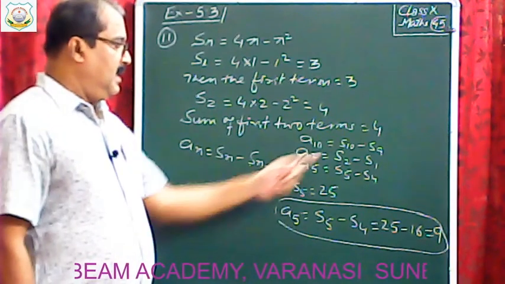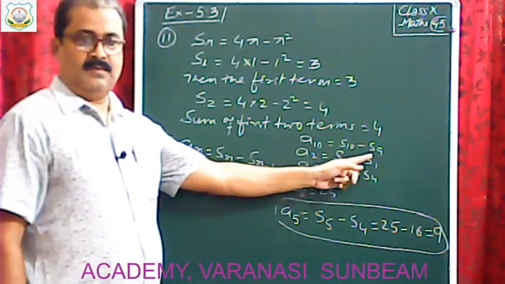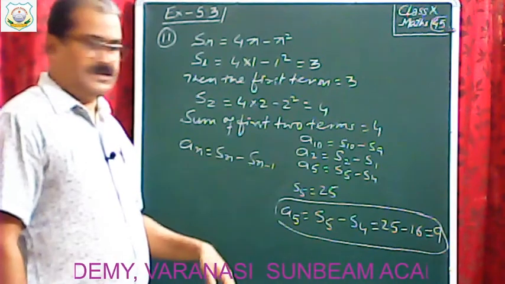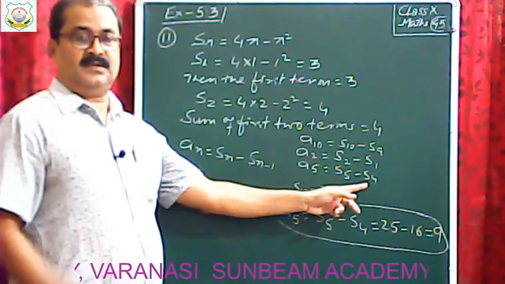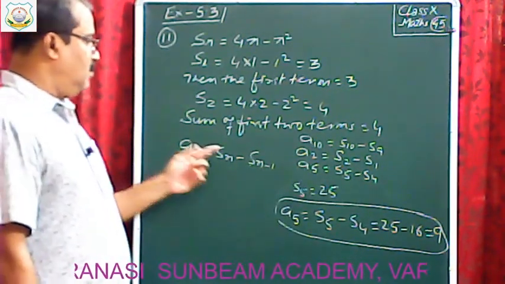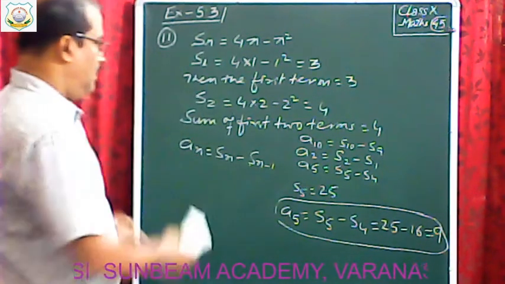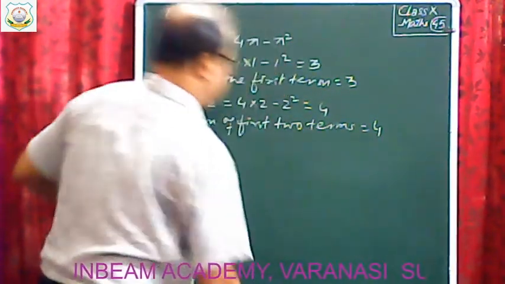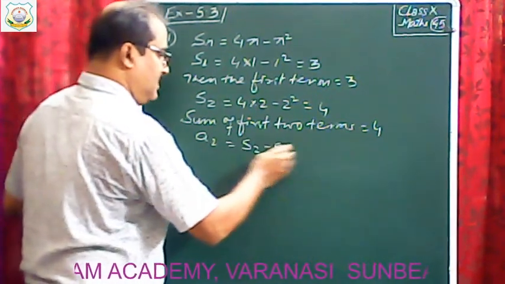Likewise, the sum of first 10 terms minus the sum of first 9 terms, we get 18. Similarly, A5 equals the sum of first 5 terms minus the sum of first 4 terms. Similarly, An equals Sn minus Sn minus 1. So generalize and follow the same process. You have to find the second term A2, that is equal to S2 minus S1.